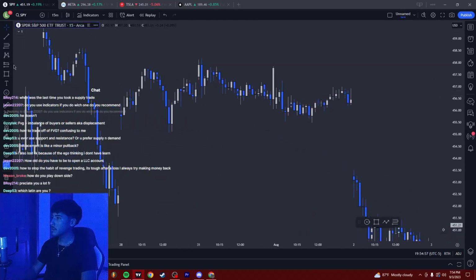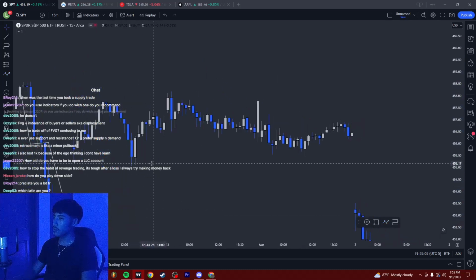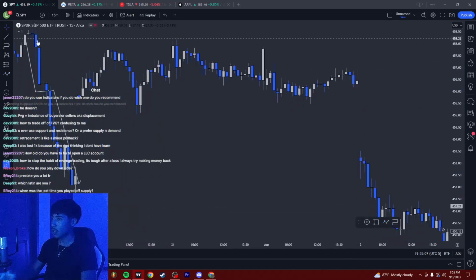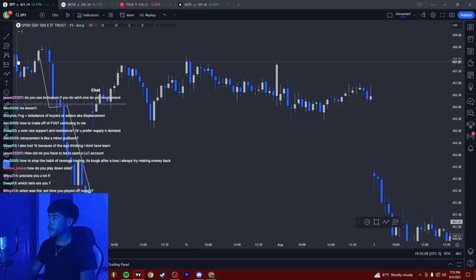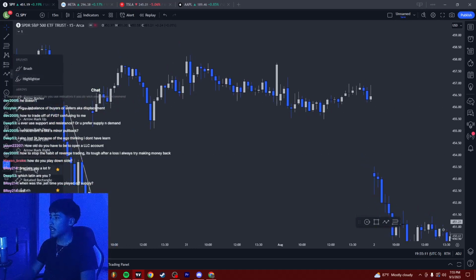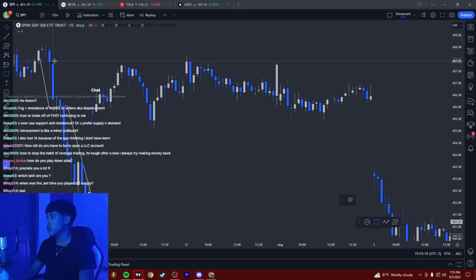So here we have drop, base, drop. This is a nice move of volume. You can see the large candles. You'd mark the candle that starts to move. The reason I don't mark this red candle here is because look how small it is. There's no volume.